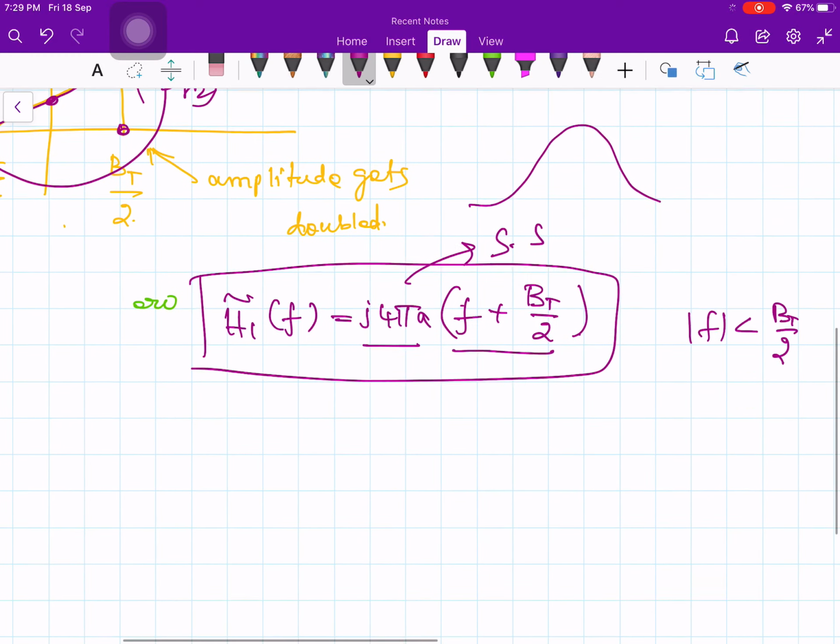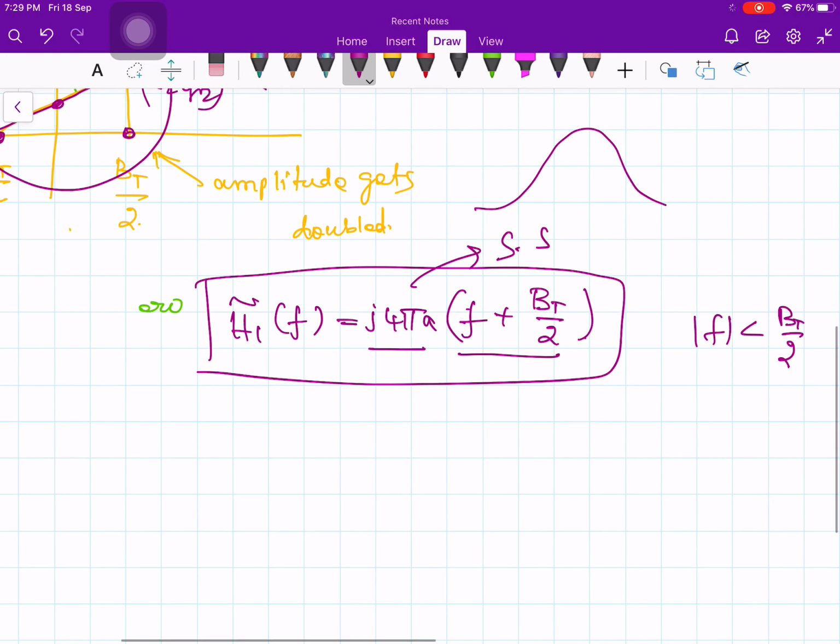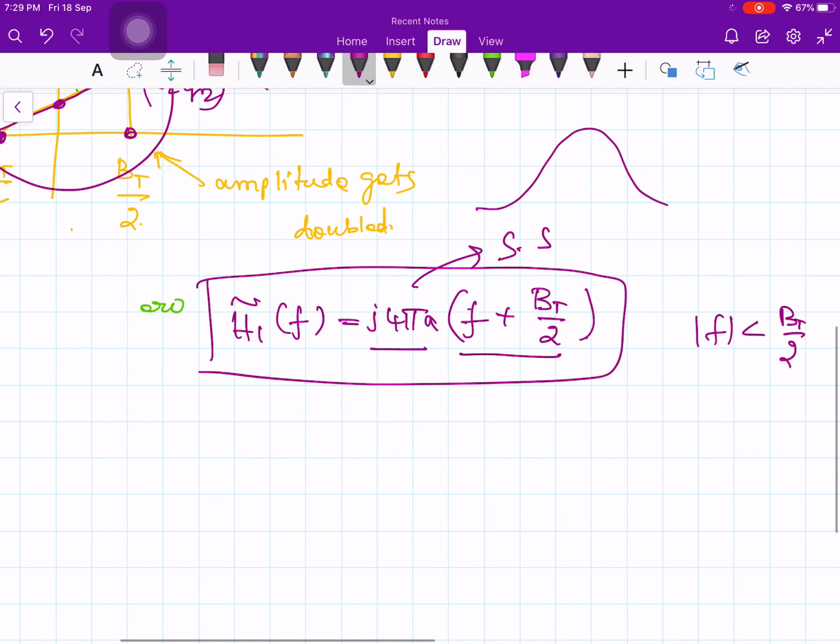This is the complex envelope representation. At f equals minus bt by 2 this becomes 0, and at f equals plus bt by 2 this becomes 4 pi a b suffix t.